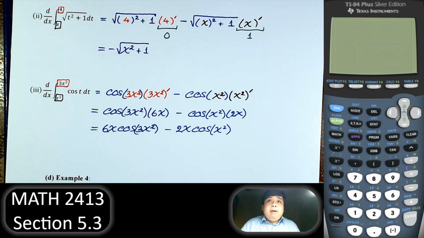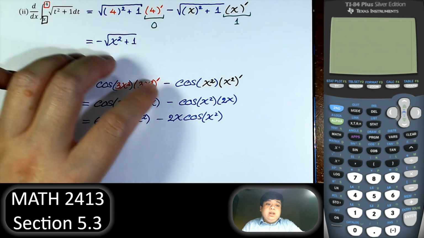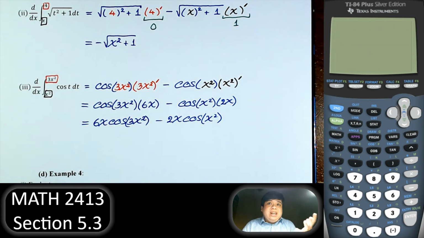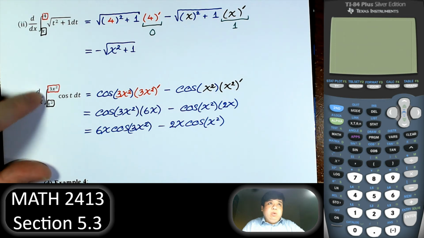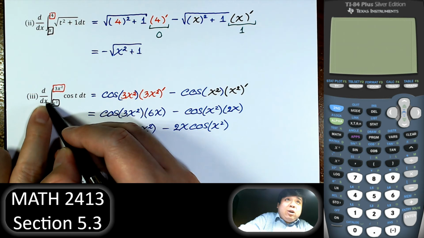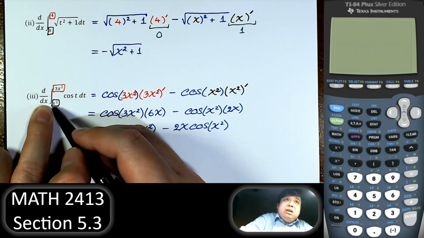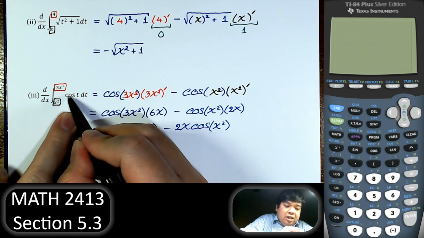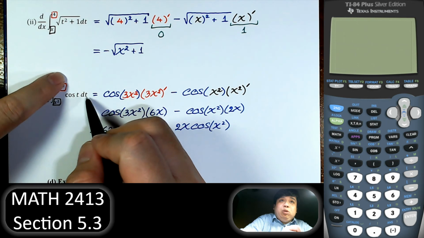So that is the other fundamental theorem of calculus. Substitute the limit into the function. Don't do any antiderivative here because we have the derivative. The difference is there's the derivative. And the way it looks, we have the derivative with respect to x. That will have to be the same as the variable of the limits. The inside of the integral has a different variable. Any variable, they have to be different than this.